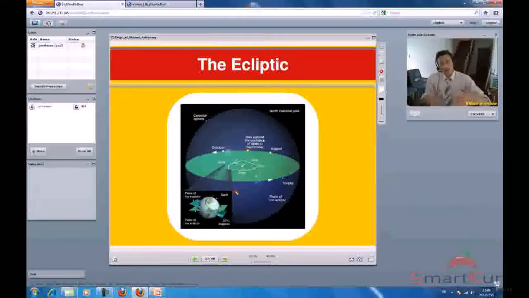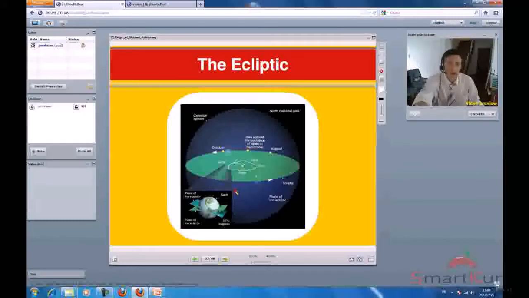Notice we've got a picture there with the sun at the very center and the path of the Earth right here from December to April, May, June, July, August, September, October, November, December. And I'll put a little arrow there so we know which direction the Earth is moving. But look at the bottom left, that picture of the Earth.